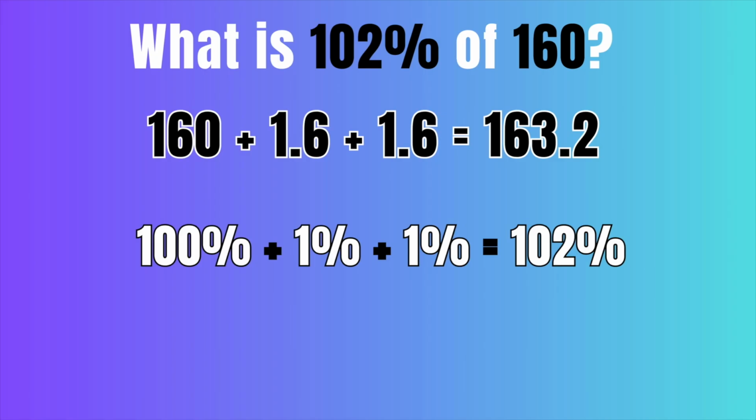We're doing 100% of 160, then 1% of 160, and then another 1% of 160, and we're adding that all together. 102% of 160 is 163.2, or 163 and 2/10, which makes sense because 100% of 160 is 160. So 102% of 160 is a little bit more than 160, and 163 and 2/10 is a little bit more than 160. Our answer makes sense.